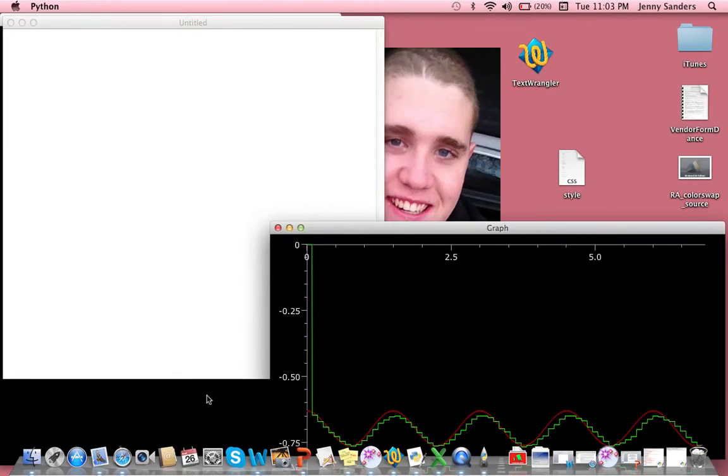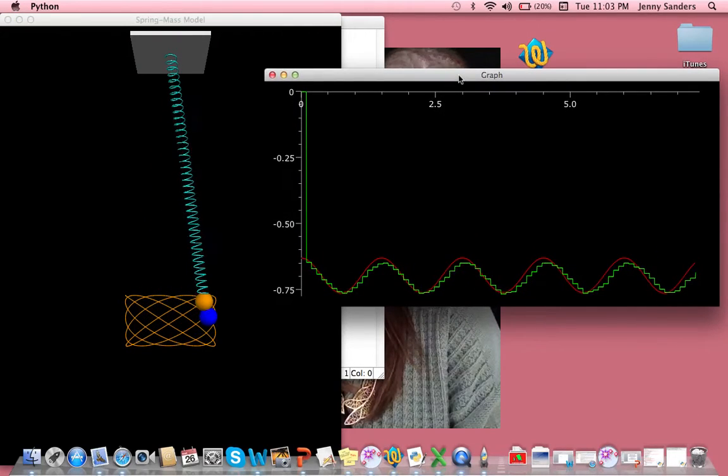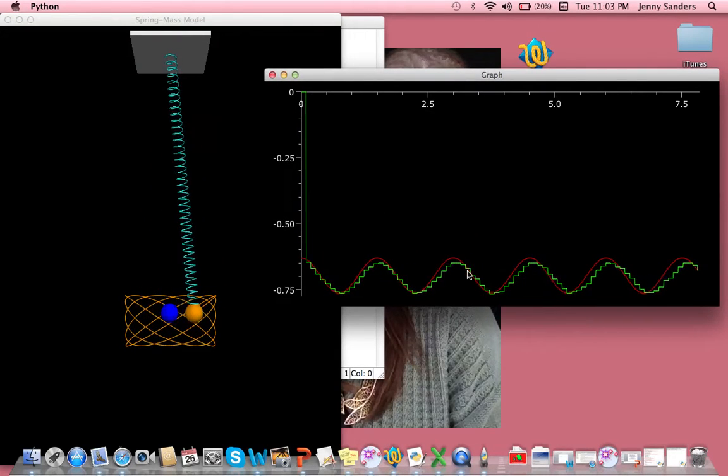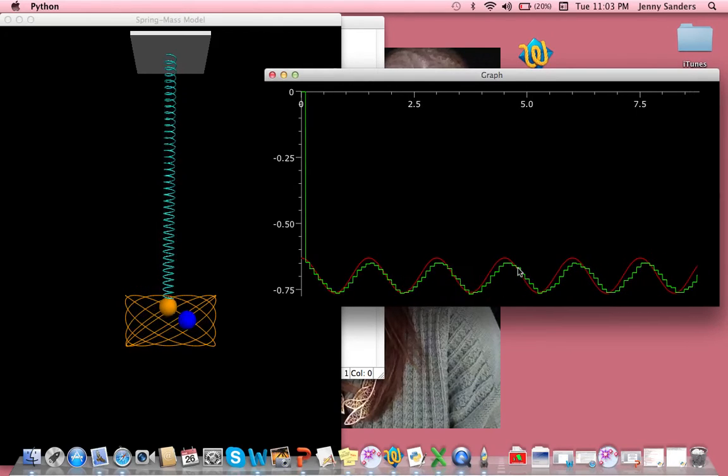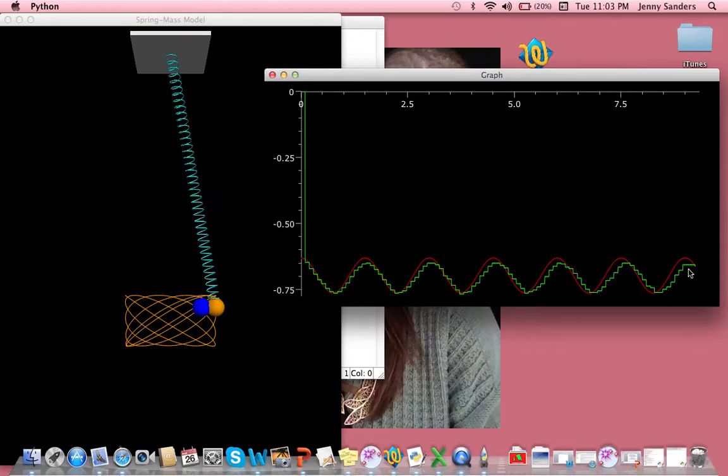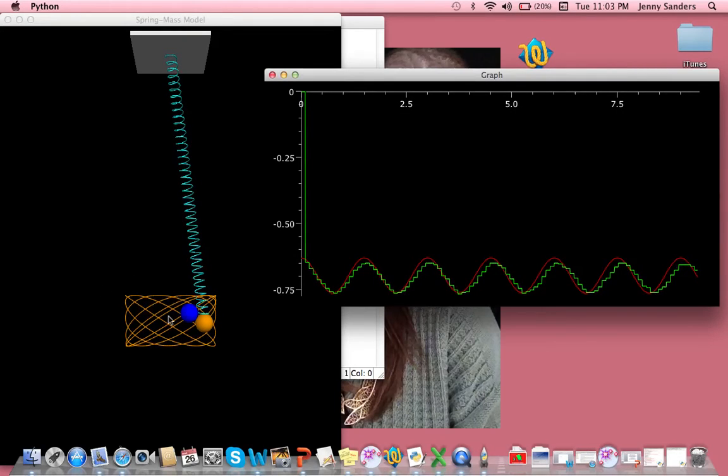So you can see that in this graph they are being compared right now, and they pretty much line up all the way, and then all of a sudden at the very end they're kind of getting different. And so this kind of shows how the actual mass moves.